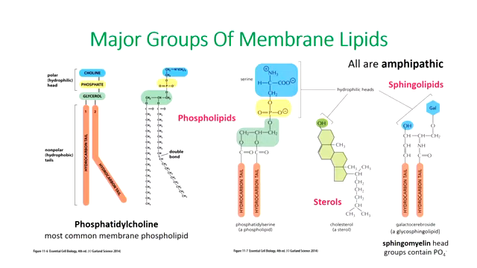The 3rd hydroxyl group forms a bond to a phosphoryl functional group, PO4. That's a negatively charged group, so there's some polarity right there. And then the other side of the phosphoryl group is going to become linked to some kind of other polar head group. And there are lots of different kinds of polar head groups.